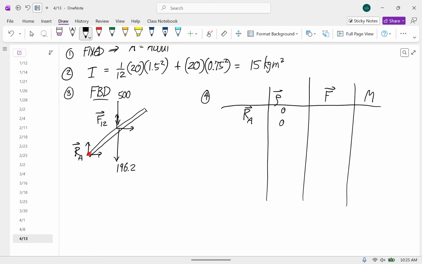The row vector is 0. The force vector is RAX, RAY. Cross product is 0. Then I'll go to the weight. The row vector is 0.575, 0.482.